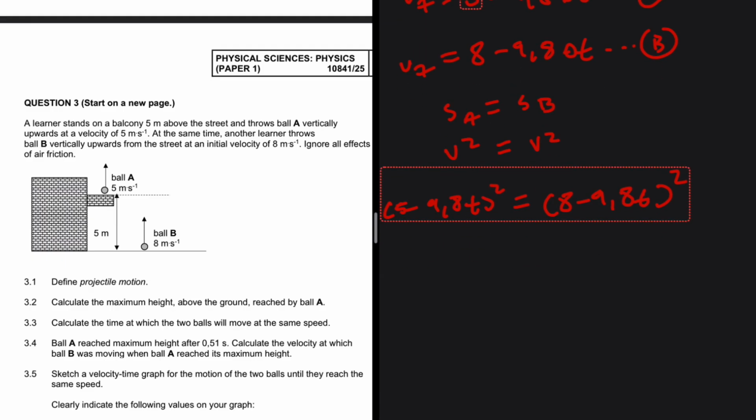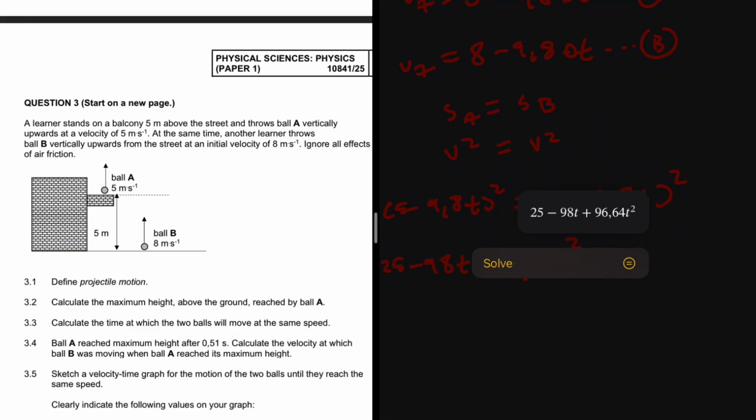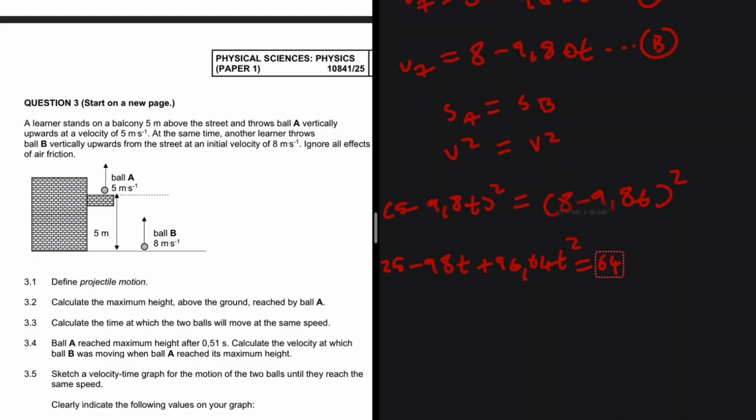5 multiplied by 5, that is 25. And then 5 multiplied by 9.8 multiplied by 2, that is 98. So minus 98t. And then 9.8 squared, that is 96.04 t squared, and then that is equal to 8 squared, 64. 9.8 multiplied by 8, that is 78.4.